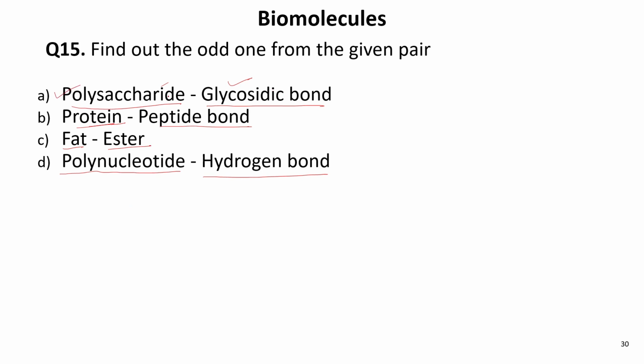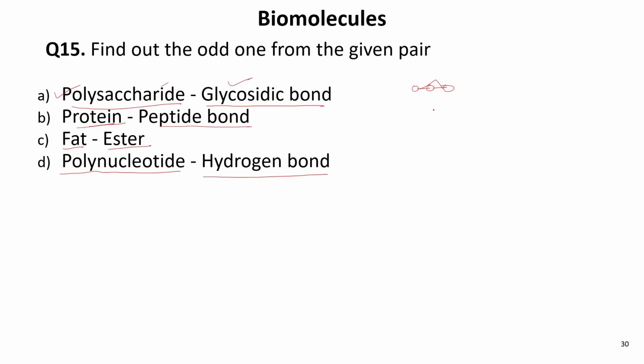If you remember, polysaccharide units are formed by the formation of the glycosidic bond. Monomers are united together, they form a bond, and these bonds are called glycosidic bonds. If you remember the structure of starch or glycogen, they have alpha 1,4 glycosidic linkage or beta 1,3 glycosidic linkage.